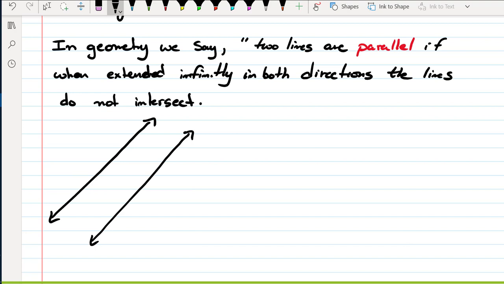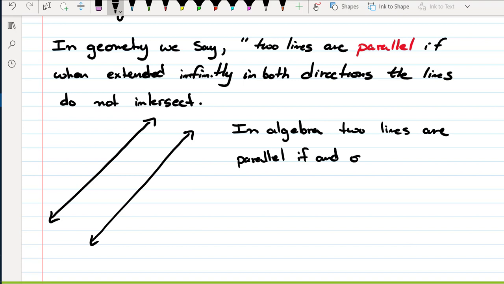Well, we're not in a geometry class, we're in an algebra class, so we want an algebraic definition. In algebra, two lines are parallel if and only if they have the same slope.